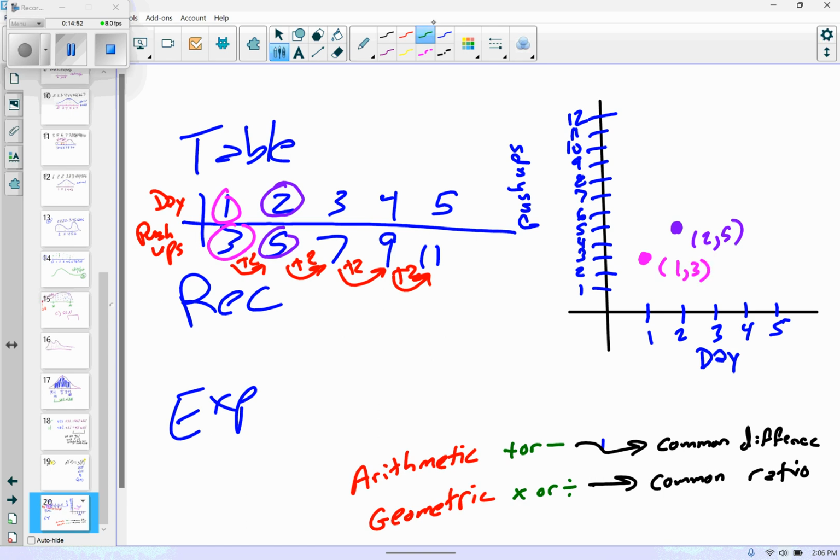Can somebody else give me another point that we can go with? 3 and 7. 4, 9. So 4, 9. And the last one. 5 and 11.